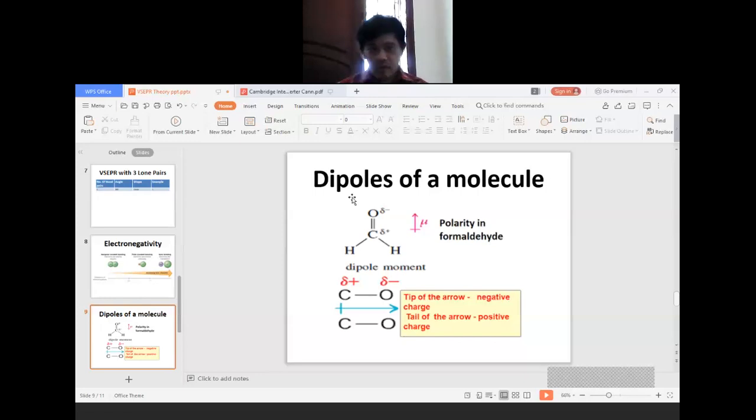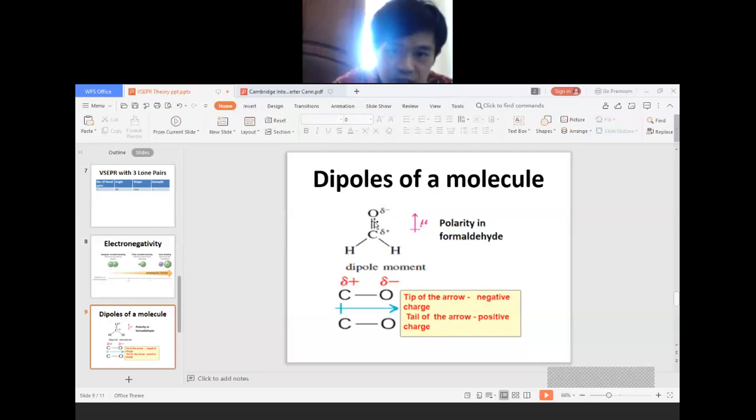You have to draw the dot and cross diagram, and then how can we tell the number of bond pairs and number of lone pairs from the central atom? From the central atom here, carbon. So you have to draw how many bond pairs and how many lone pairs are there in the central carbon atom.